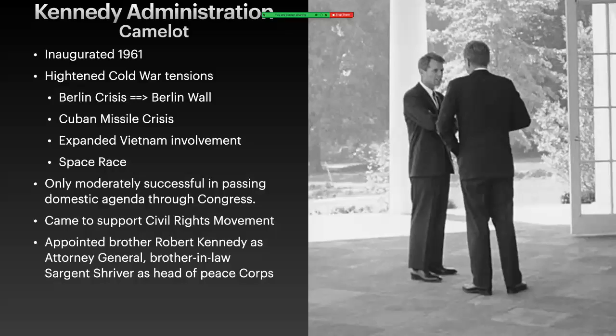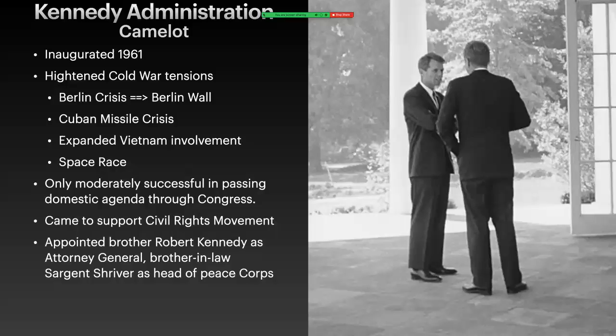So ultimately, there was a blockade to keep more missiles from coming in, and the two sides actually negotiated through, of all people, Kennedy's brother, Robert Kennedy, the Attorney General, who was the primary negotiator with the Soviet ambassador to the United States, Anatoly Dobrynin. They had a relationship, and they negotiated the end to this. So ultimately, no military action was taken, and this was the closest the two sides ever came to nuclear war.